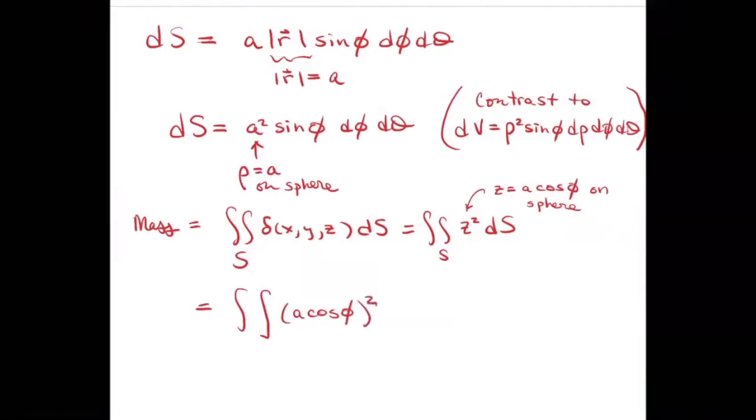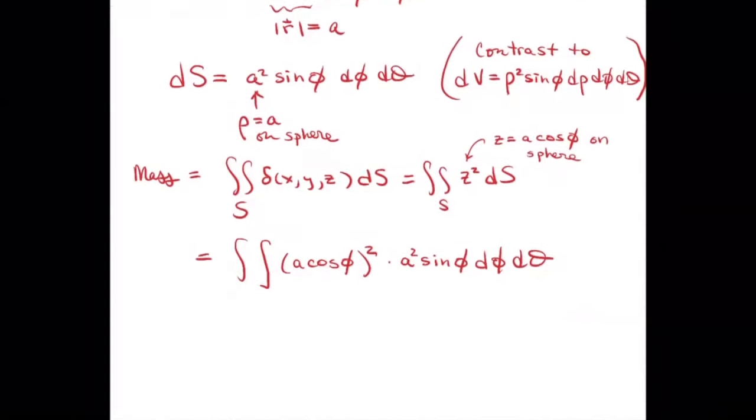And then ds gets an a squared sine phi. And now we can say d phi and d theta like that. Okay. And then phi, of course, from 0 to pi, and theta from 0 to 2 pi. Any questions about that?